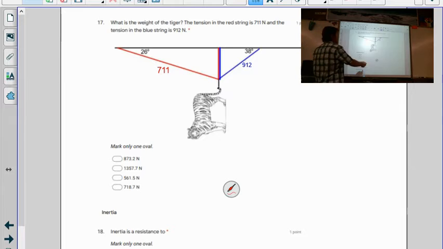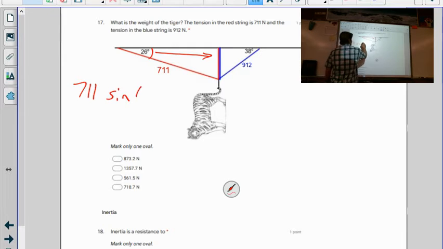For this one, you're given the tension in each string, 711 newtons here and 912 newtons here, and we want to know how much vertical pull, the y, there is from the red string and from the blue string. Once again, because that side is opposite of that angle, we are going to use our sine function. It's going to be 711 times the sine of 26.